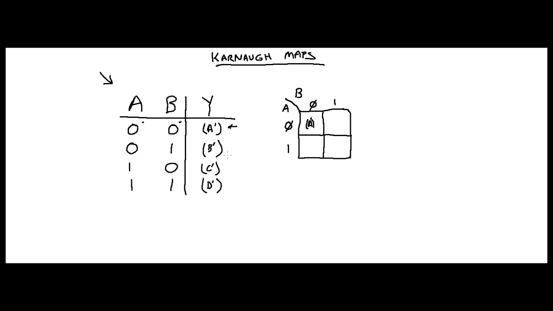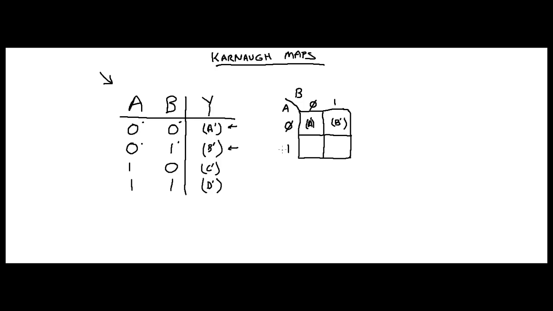A prime. When A is 0 and B is 1, that's going to have B prime, right? Well, B prime is going to go right here, isn't it? Now let's look down here.